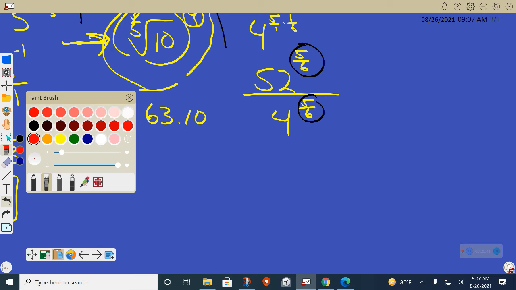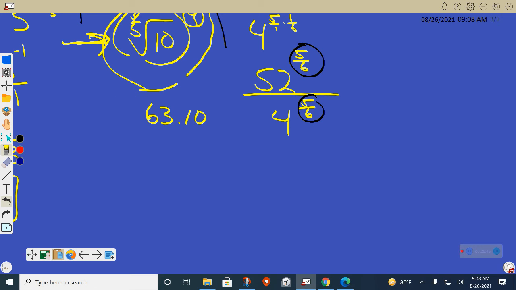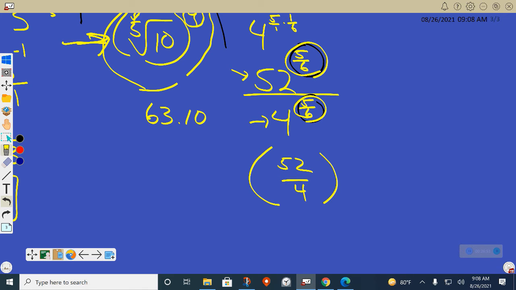I'm going to rewrite this now. I have the same exponent but different bases. So look what I'm going to do. I'm going to put the division problem right here inside the parentheses, and I'll write the whole shebang to the 5/6 power.